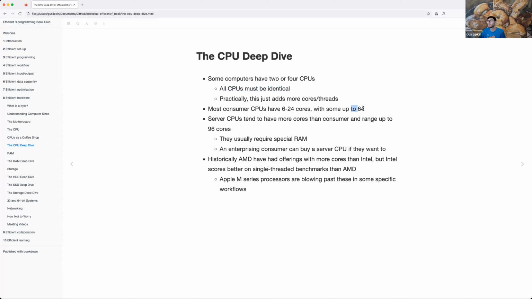And I know lately Intel has been splitting it where they'll have some high power cores and then others that are a little bit more power efficient, so that if you've got something crazy you need to do, the chipset will automatically assign the more intense operations to the high power cores. And then server CPUs tend to have more cores.